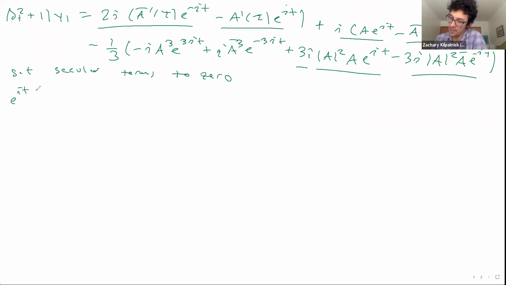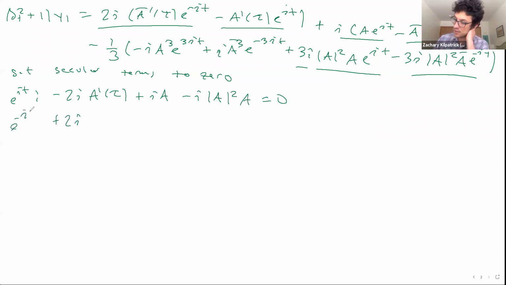For the e to the it terms, we get 2i a prime of tau minus i a plus i a squared a bar equals 0, and for the e to the minus it terms, 2i a bar prime of tau minus i a bar plus i a bar squared a equals 0.